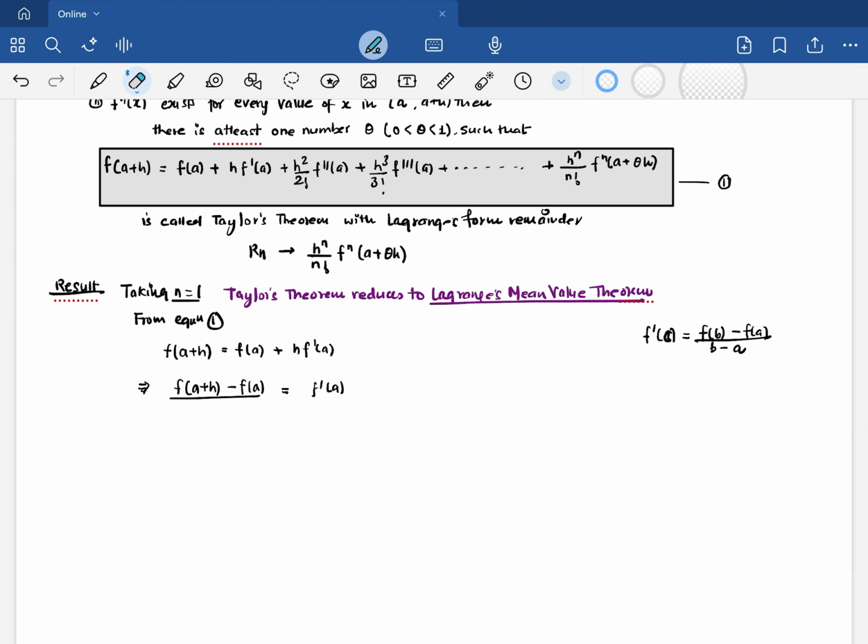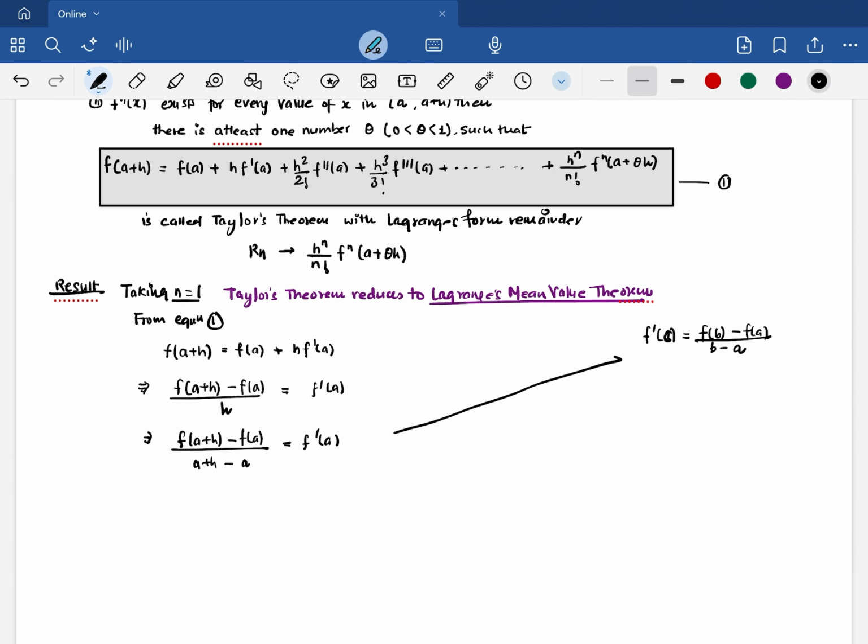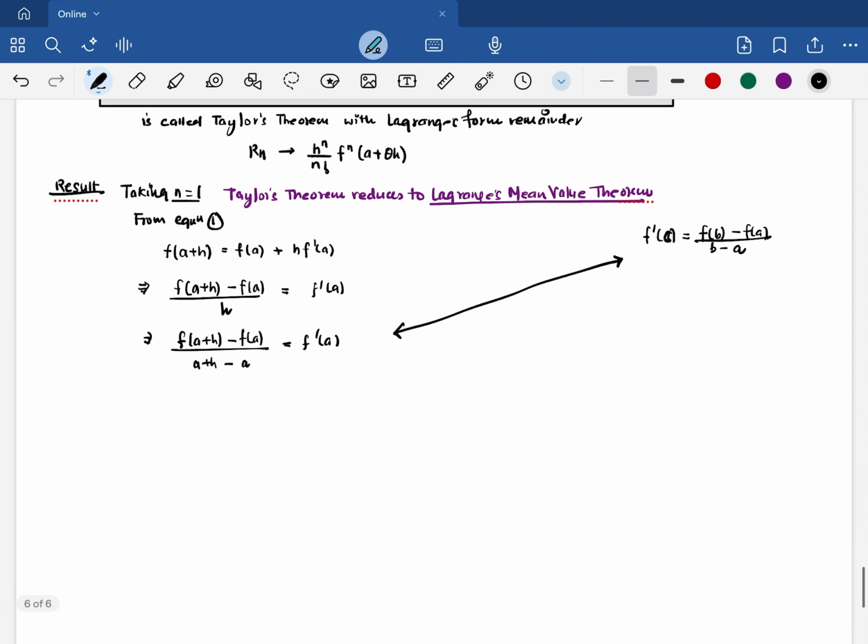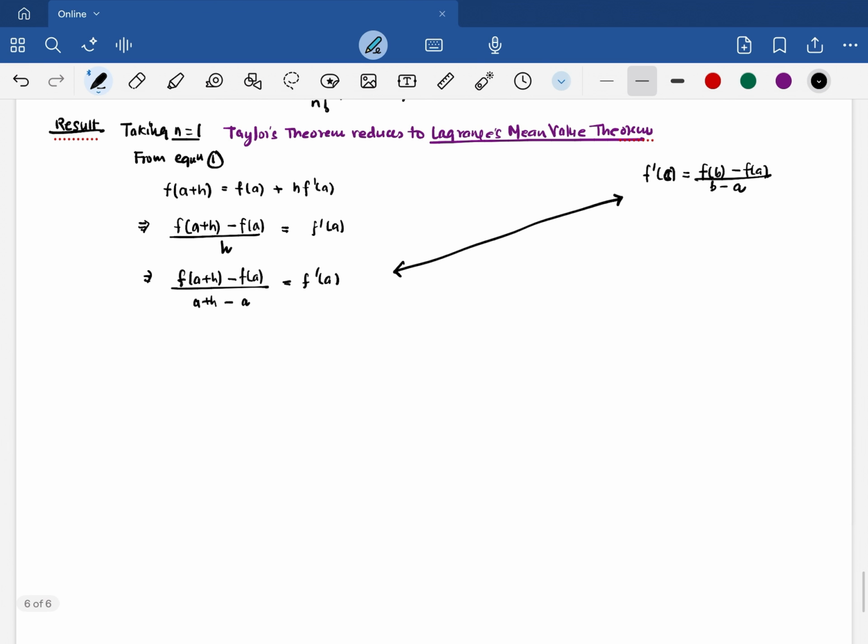This h can be placed here, and the meaning of this is f of a plus h minus f of a over a plus h minus a. So a and a will be cancelled out and the same result will appear. Can we say this is nothing but the Lagrange's mean value theorem? So when we are taking only the first derivative, then the Taylor's theorem reduces to Lagrange's mean value theorem.